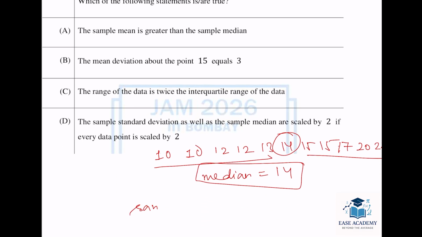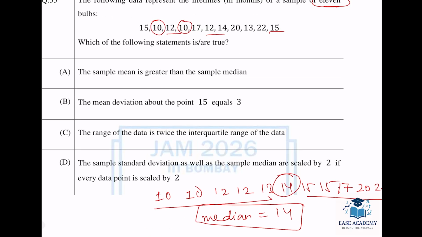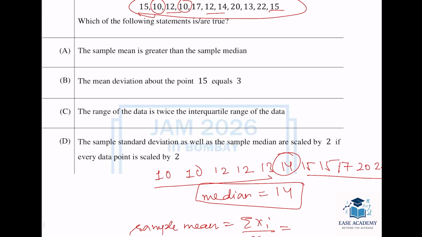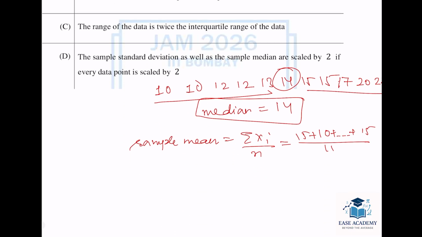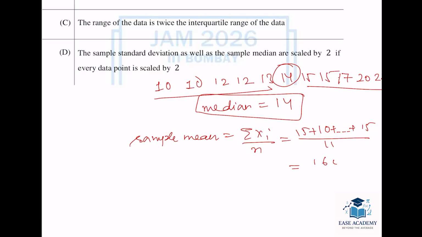Now the sample mean. Sample mean is what? The summation of xi divided by n, sum of every observation divided by the number of observations. So on adding all these values, that is 15 plus 10 plus 15, divided by 11, we get 160 by 11, and this is nothing but 14 point, I think 3 something, that is greater than 14.